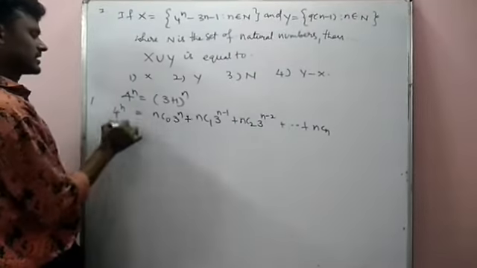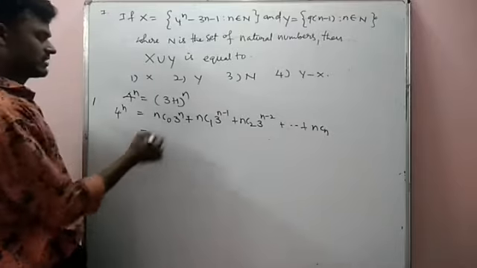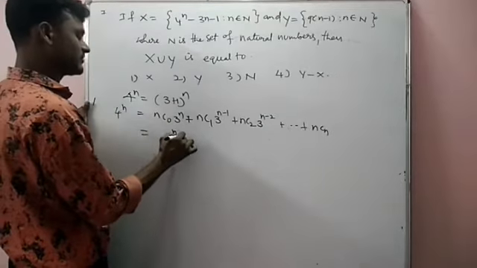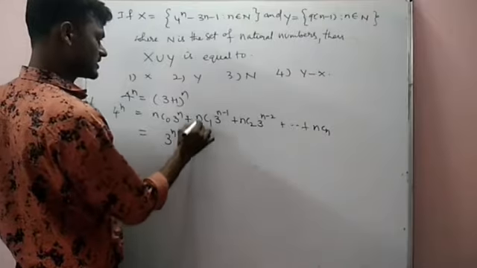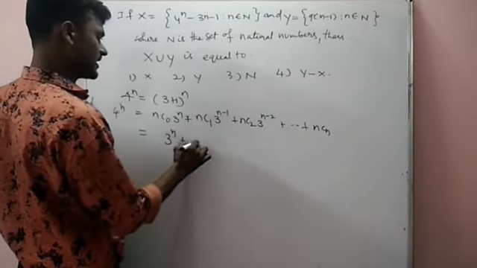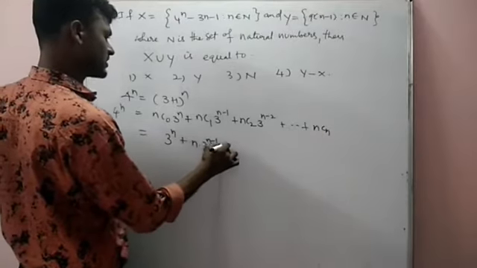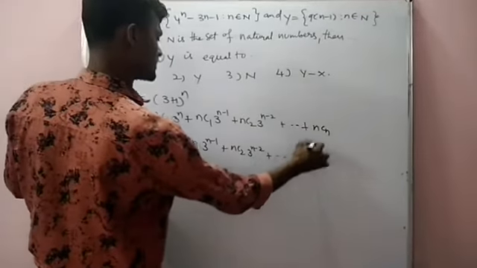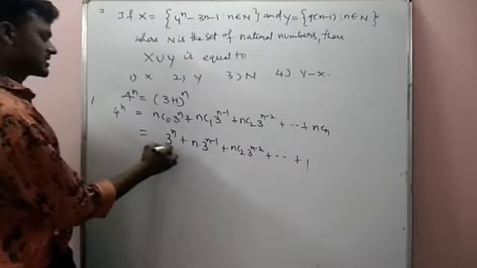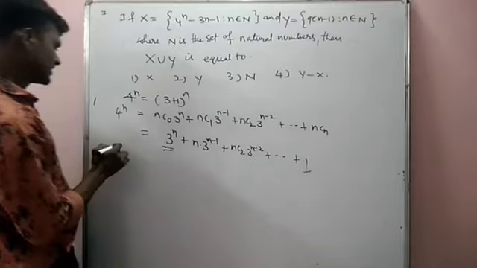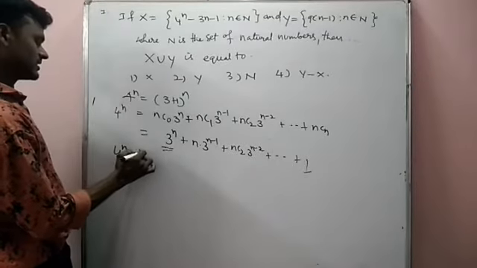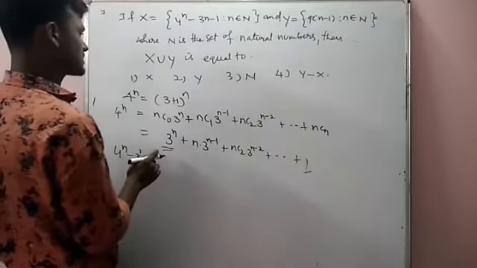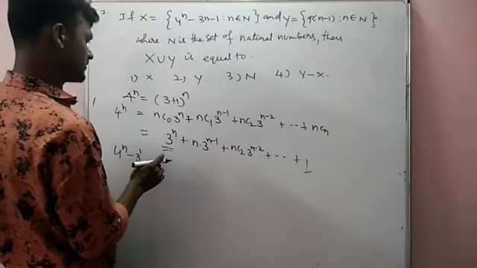Then this is 4^n. Let me rewrite again: nC0 means 1, so 3^n, plus nC1 means n, so n times 3^(n minus 1), plus nC2 3^(n minus 2), and so on, up to nCn which is 1. Now 4^n minus 3n.